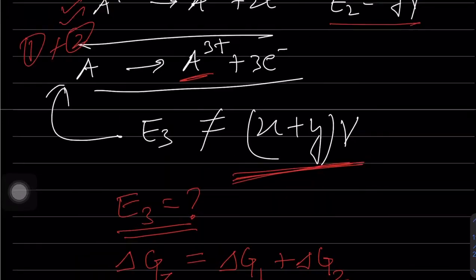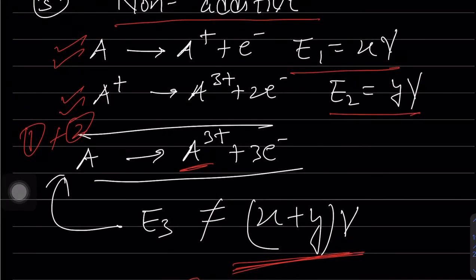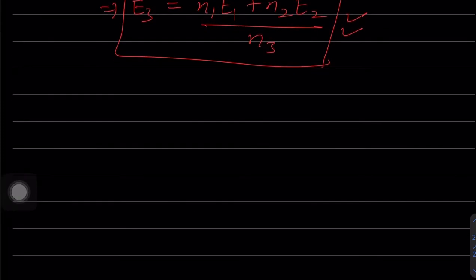So in this question, the value of N1 is 1, the value of N2 is 2 and the value of N3 is 3. So how do we write? E3 equals N1, which was 1, multiplied by E1, plus 2 times E2, upon 3.